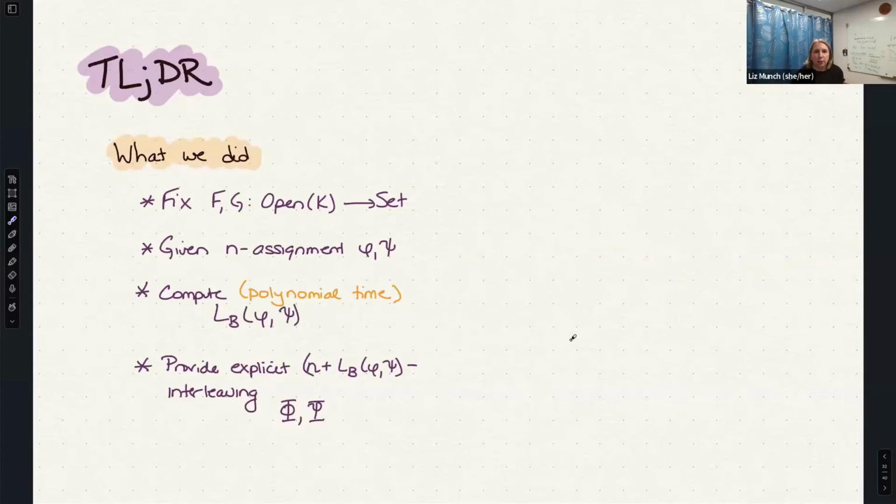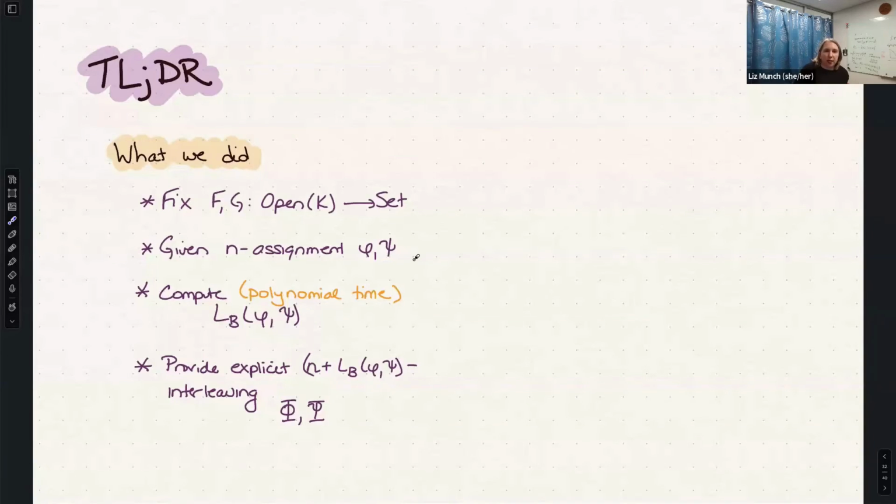All right, so what did we do? Somebody handed me two mapper graphs they wanted to compare. So F and G are input data to start with that I don't get to control. Somebody gave me an N assignment that I also do not control, where I can go running around trying to figure out what the loss function value is, or my basis loss function in particular, for this particular choice of N assignments.